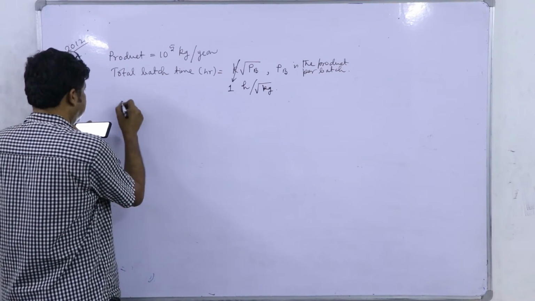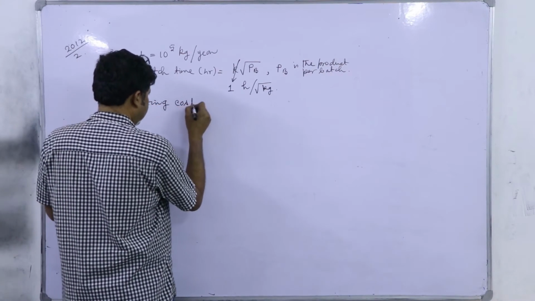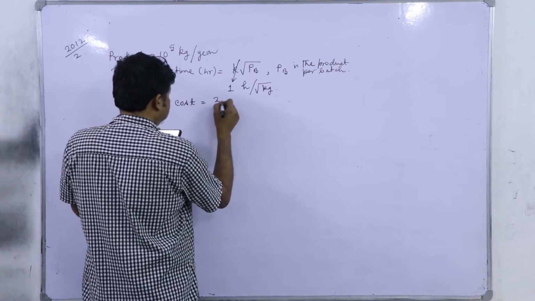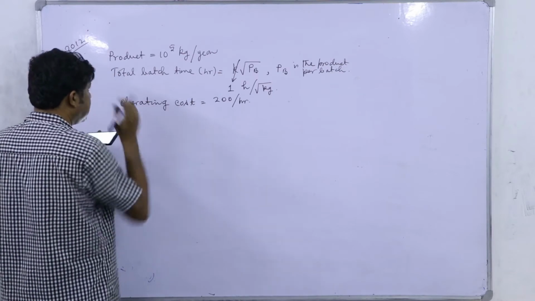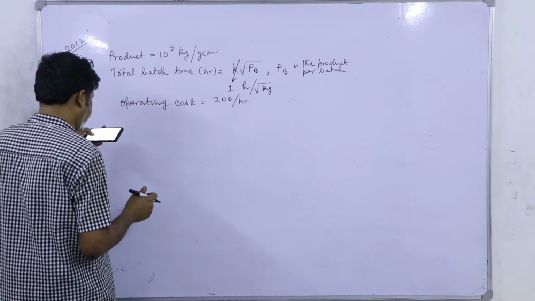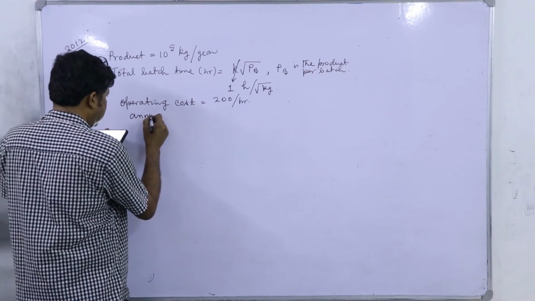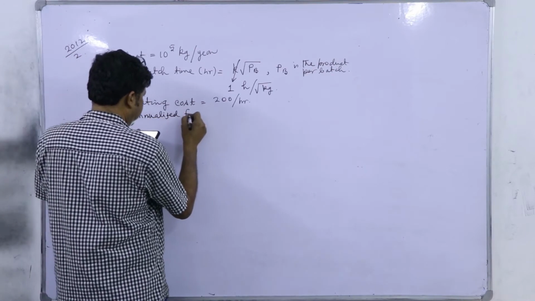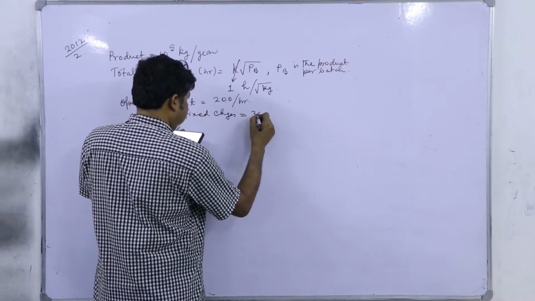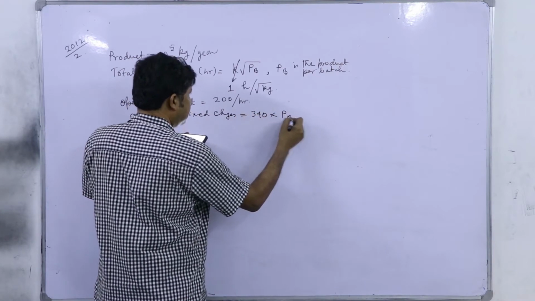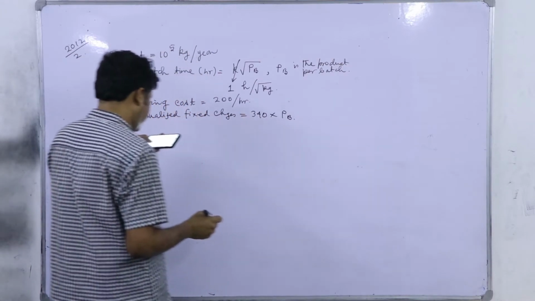So, the operating cost of the reactor is 200 per hour, okay. Annualized fixed charges are 340 into PB, where PB is the product per batch in kg.